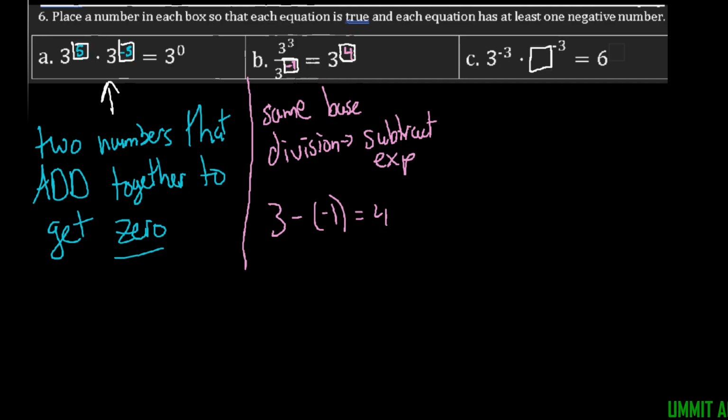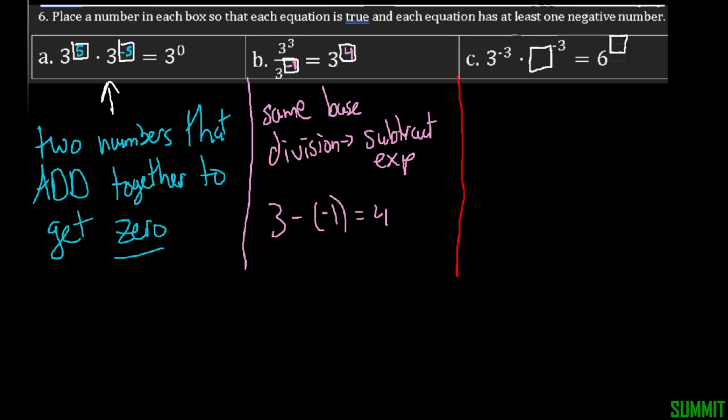Then for the last part, I'll do in red. The last part, I have 3 to the -3rd power times a number to the -3rd power equals 6 to another box. I forgot to draw this box in, but that's okay. So we're trying to figure out what number goes in these places.